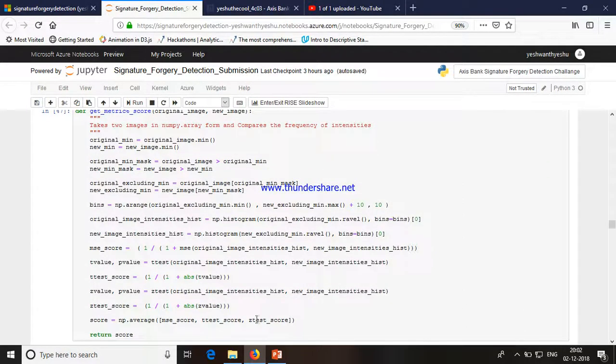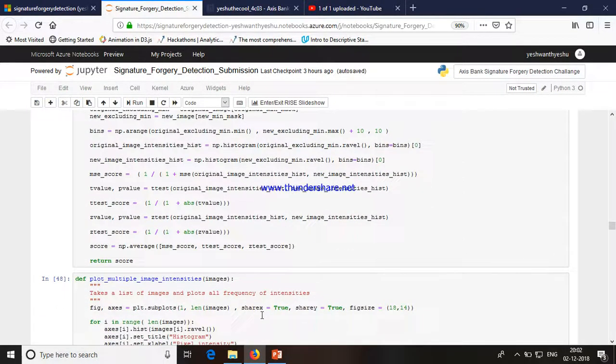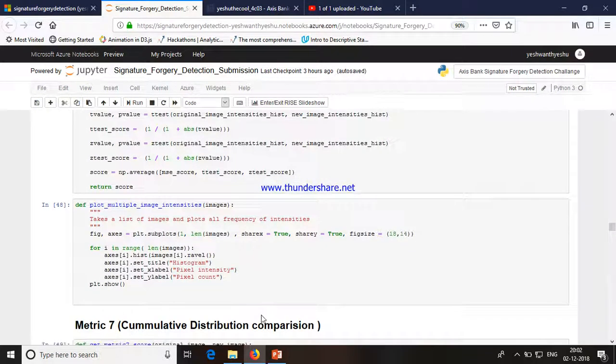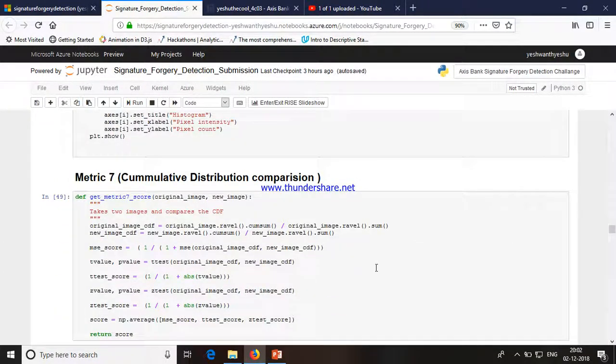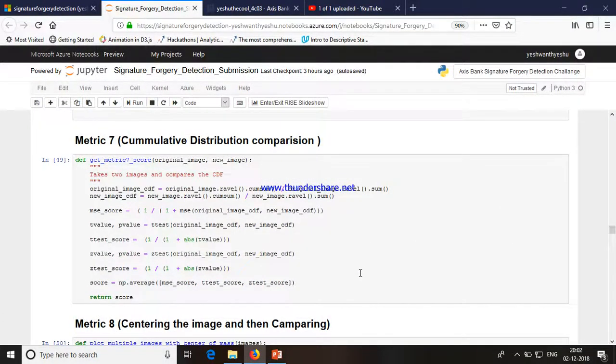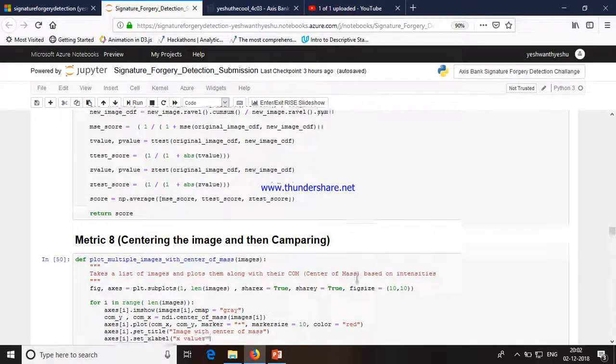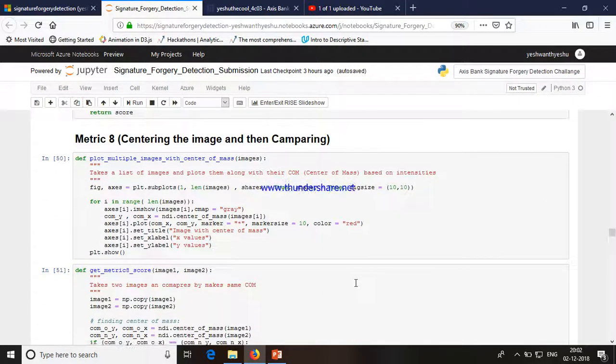We make a histogram of the frequency of intensities and compare those intensity distributions. Then we find a cumulative distribution of all the intensity values, and we use the z-test and the t-test to evaluate those distributions.